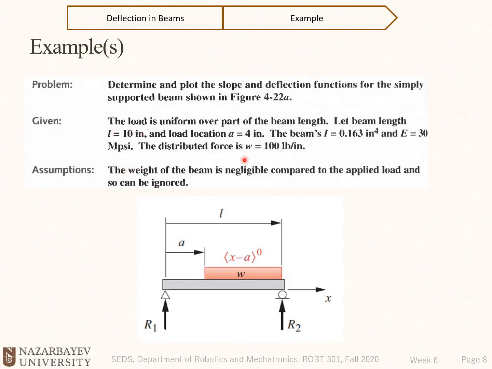The distributed force is w, equal to 100 pounds per inch. Assumptions: the weight of the beam is negligible compared to the applied load, and so can be ignored. Okay, so we ignore the weight of the beam.